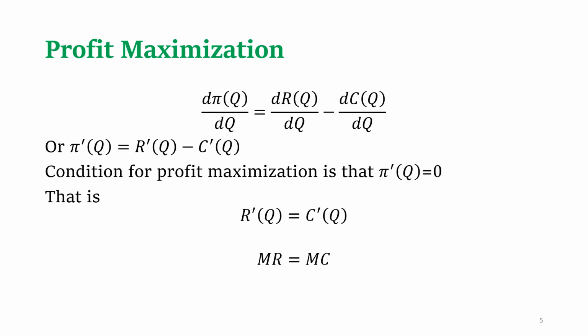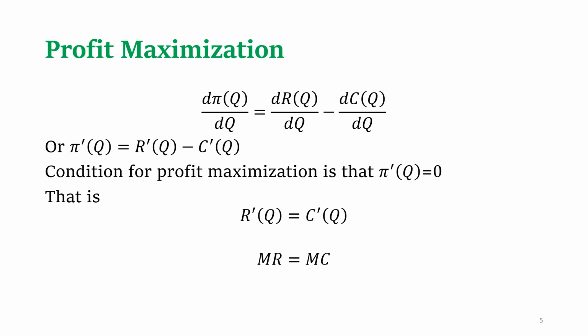Now, if we take the derivative of the profit function with respect to quantity, we're going to have dR(Q)/dQ minus dC(Q)/dQ. And that becomes what? Pi prime Q equals R prime Q minus C prime Q. So this is the condition for profit maximization, which is pi prime Q equals 0.